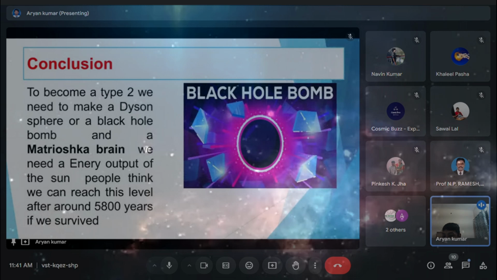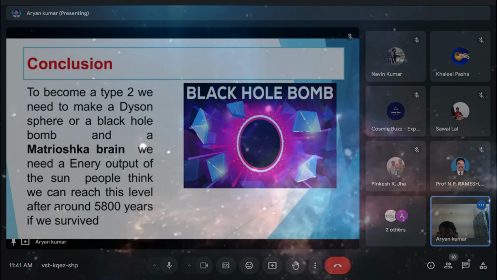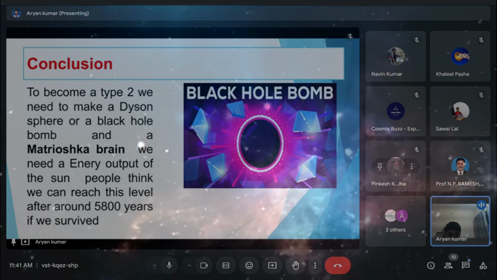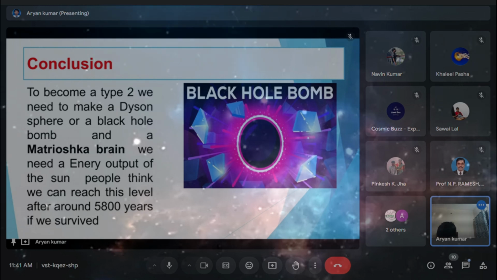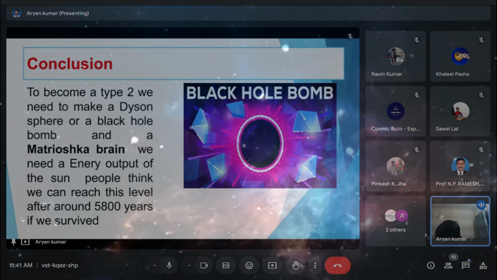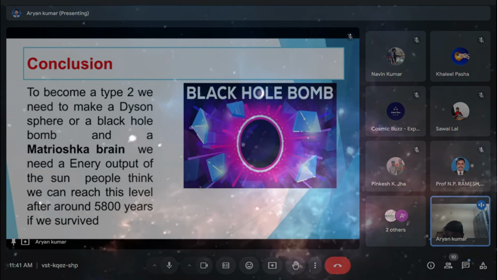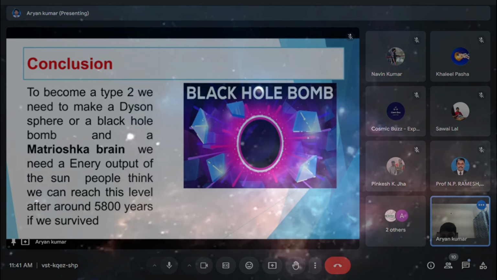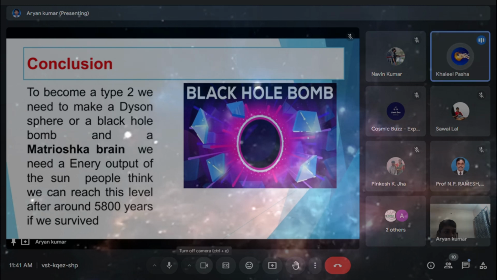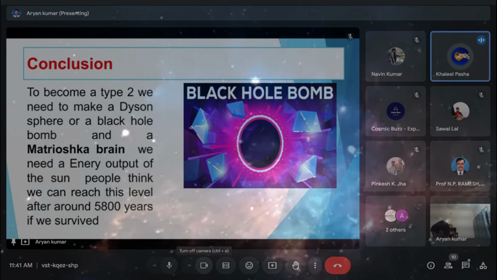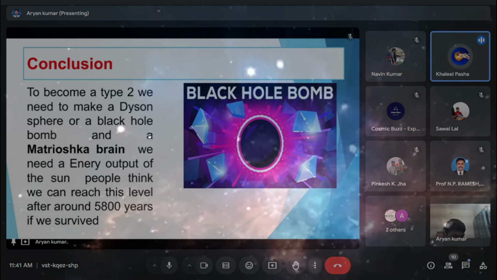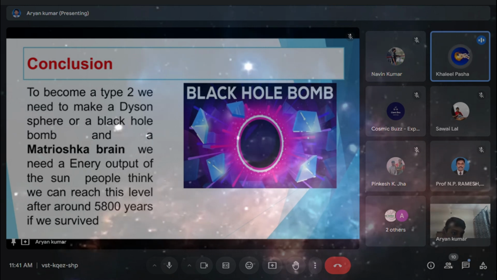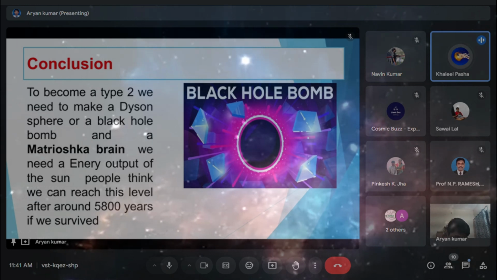So, conclusion. To become a type 2 civilization, we need to make Dyson spheres or a black hole bomb and a Matryoshka brain. We need the energy output of the sun. People think we can reach this level after around 5,800 years if we survive. A Matryoshka brain is a hypothetical megastructure that uses a star's energy to power a computer system with immense computational capacity.